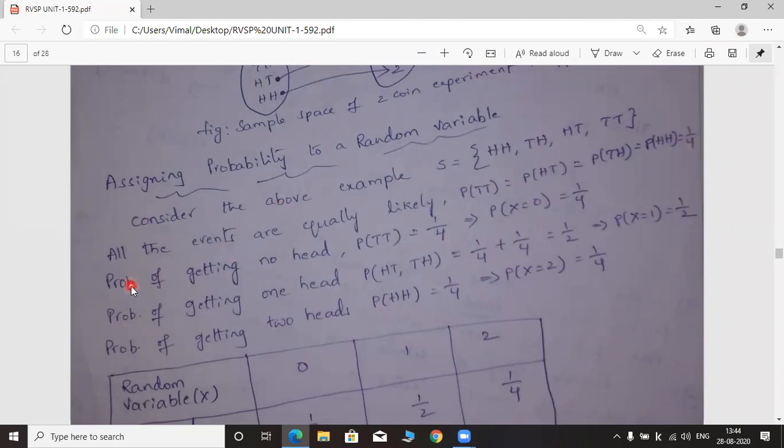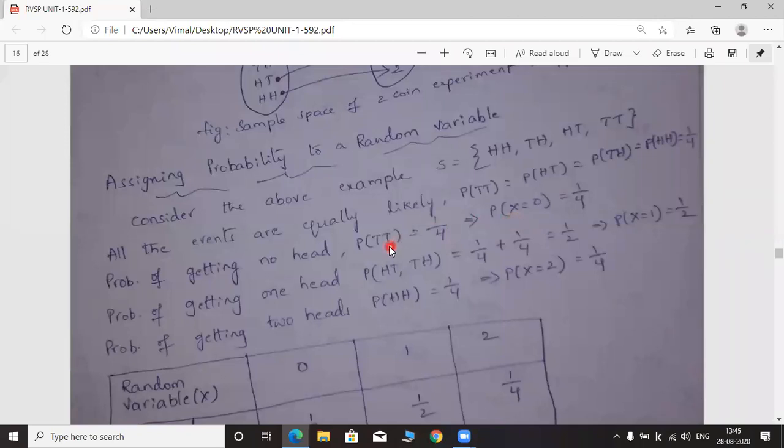So probability of getting no head, probability of TT. What is the value of probability of TT? 1 by 4. That is written here. Probability of TT is equal to 1 by 4, which implies, after applying this concept to the random variable, you have to write: x is equal to 0, because the random variable x is defined as the number of heads.